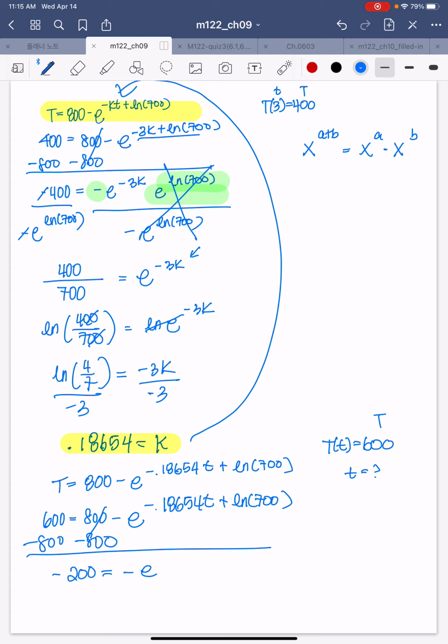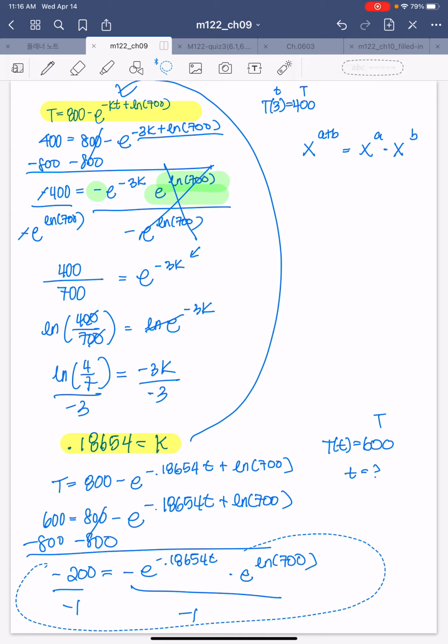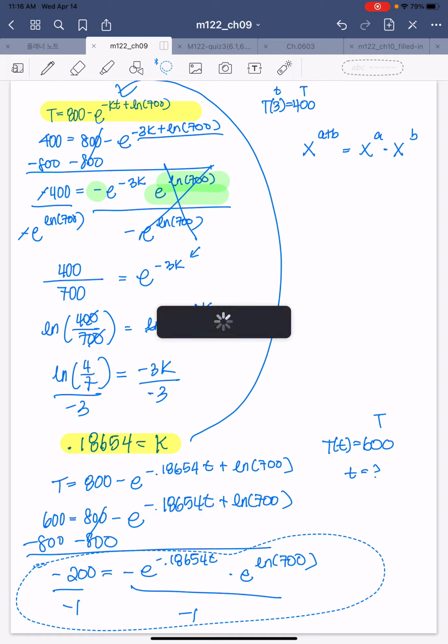Same trick as earlier. I'm going to separate into two: e to the negative 0.18654 t, and then e raised to the ln 700. Same thing here, we divide by negative 1, negative 1.